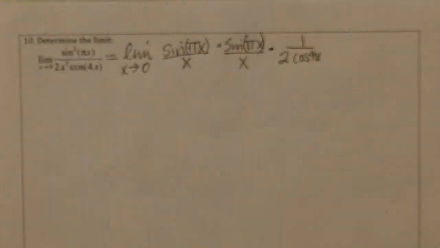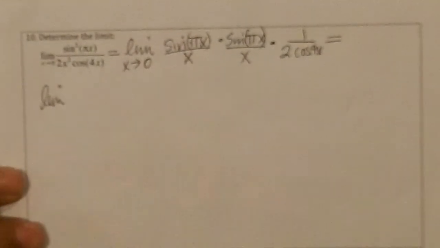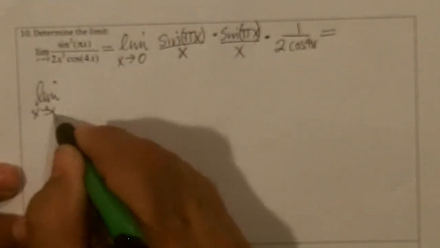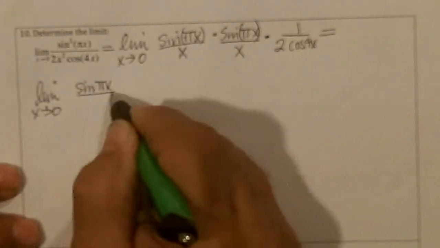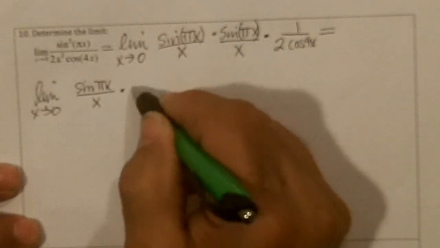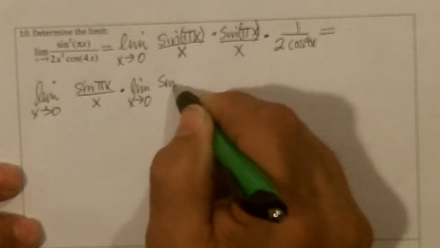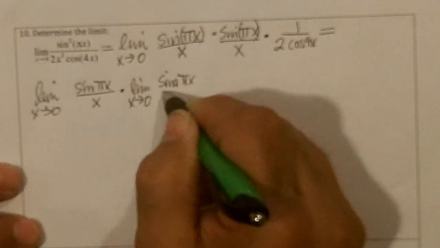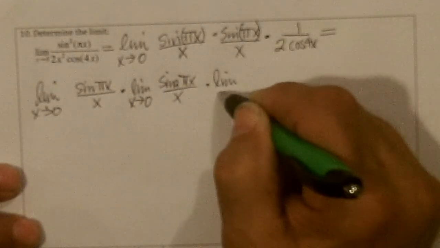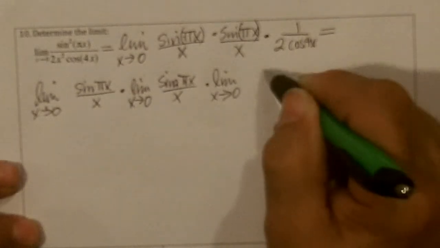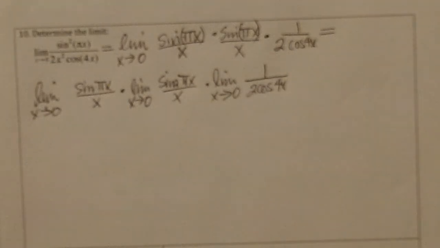Now I'm going to split each one of these up. So I'm going to have the limit as x approaches 0 of sine of pi x over x times the limit as x approaches 0 of sine pi x over x times the limit as x approaches 0 of 1 over 2 cosine 4x.